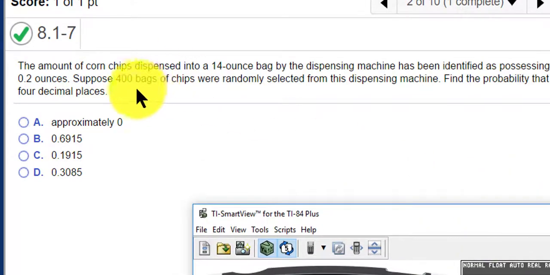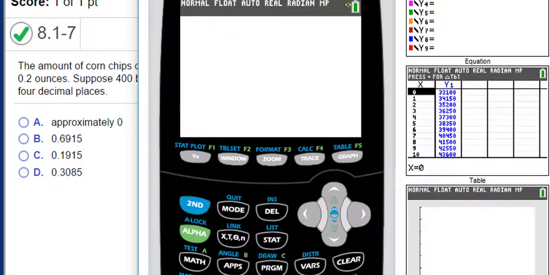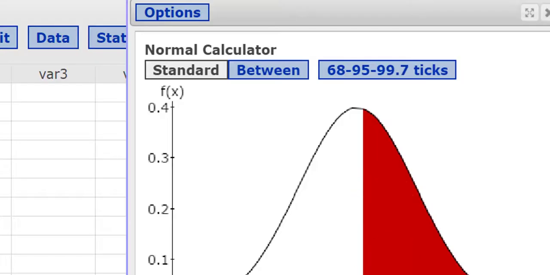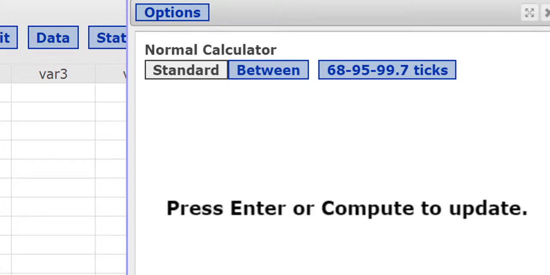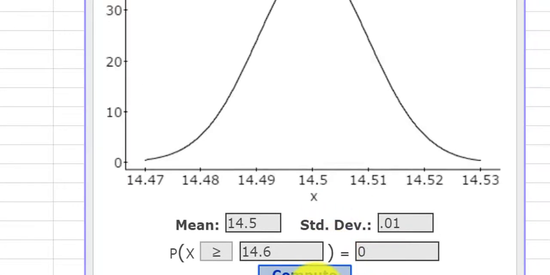Let's take a quick peek. Yep, 400 bags of chips. I will press enter. Now the 0.01 is what I'm going to enter into my calculator. 0.01, and I press compute.